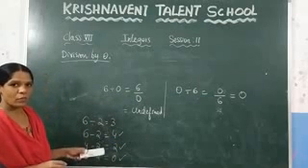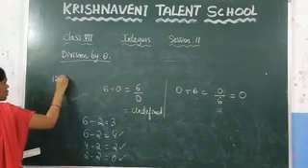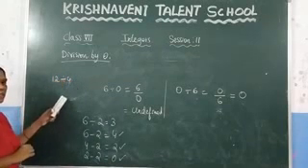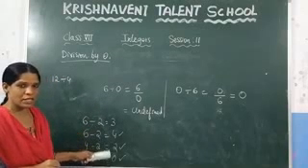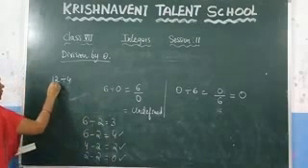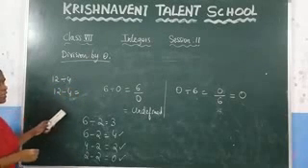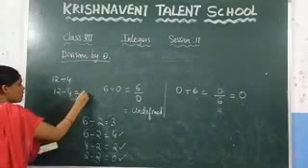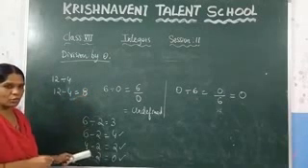Let us take one more example for clear understanding. 12 divided by 4. You know that 12 divided by 4 is 3. But by using successive subtraction, let us solve this one. First we need to subtract these two values. 12 minus 4. What is the value of 12 minus 4? 8. We have to do this subtraction until we get the result as 0.